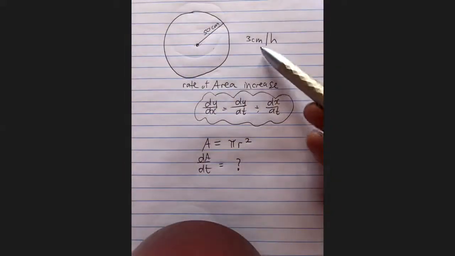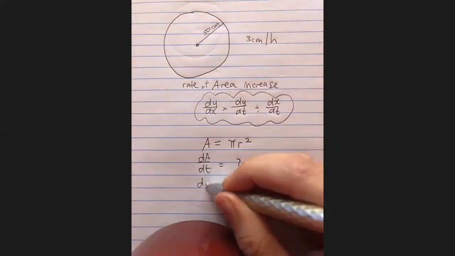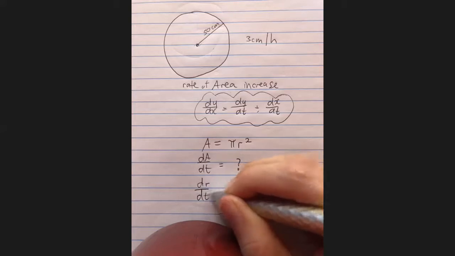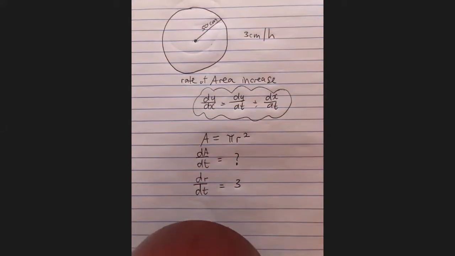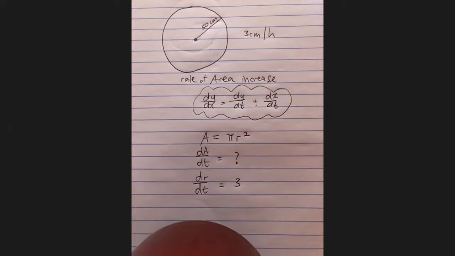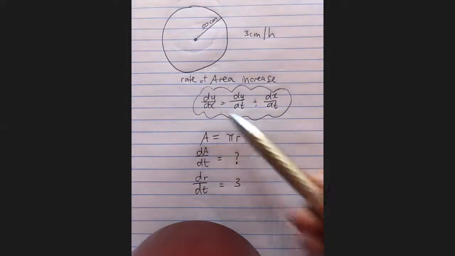Also, I told you the rate at which the radius was increasing was this. So that means my dr dt is equal to 3. So do you see, I've got so many different things happening here that I can try and relate for you in another type of chain rule.